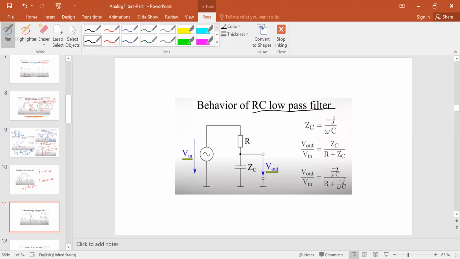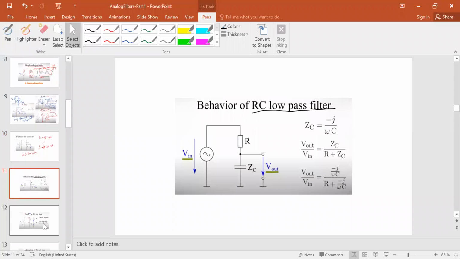So if we plug in the values and do a little bit of cleanup, you will figure out that omega C is in the denominator and omega C is in the numerator, so they can cancel out. And we can pretty much write this as minus J over omega C R minus J. Okay. So pretty much omega C is cancelled with omega C, and now you have a different kind of behavior.